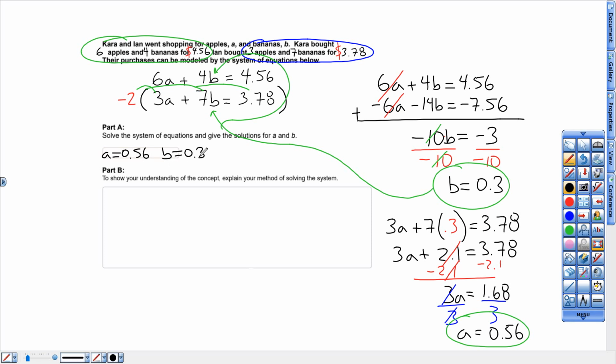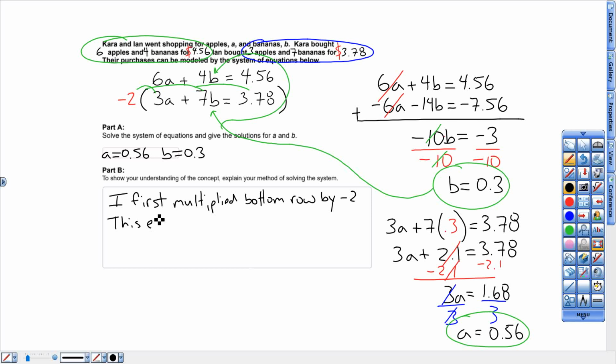And then how do I show my understanding? I would have you write, I first, and then write this down for me on your paper. Show me you watched this. I first multiplied bottom row by -2.